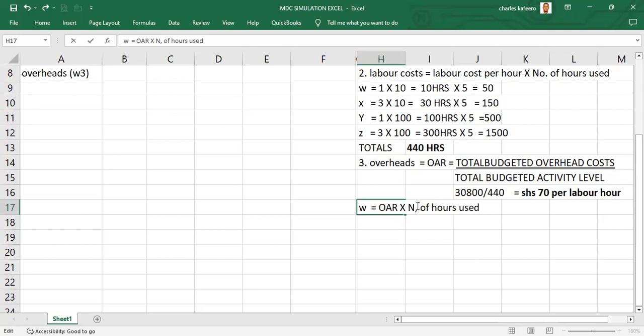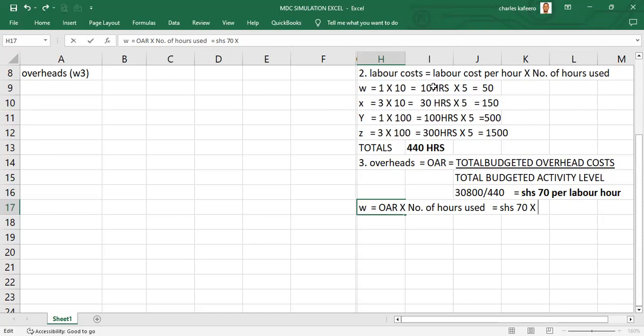We said we are getting 70 shillings, and we multiply by the number of hours used by product W, which are 10.